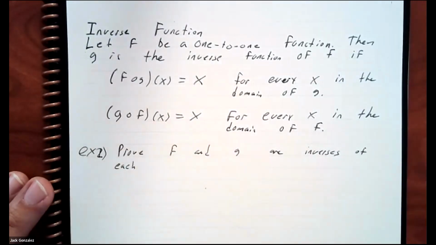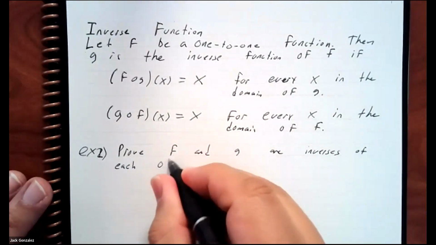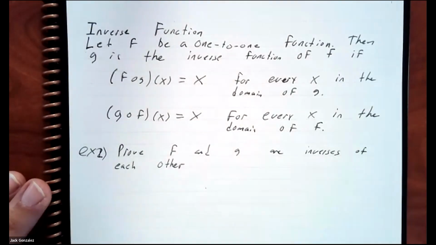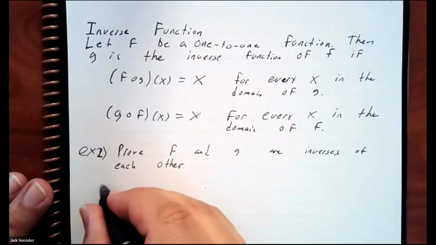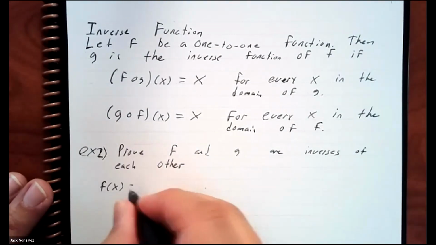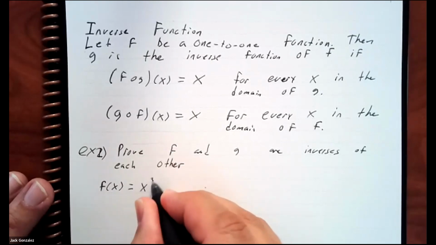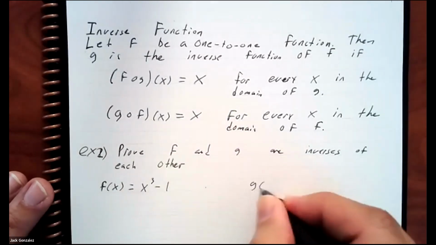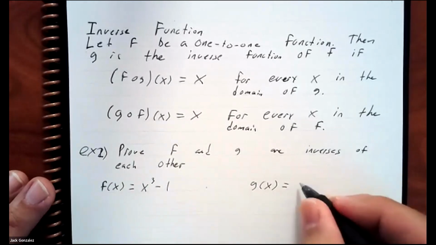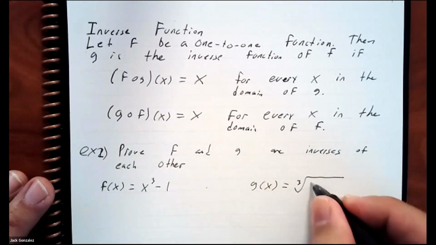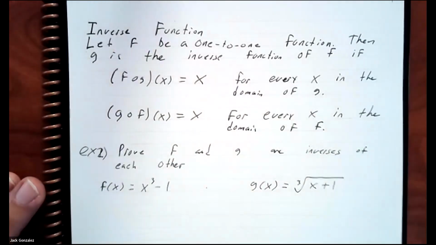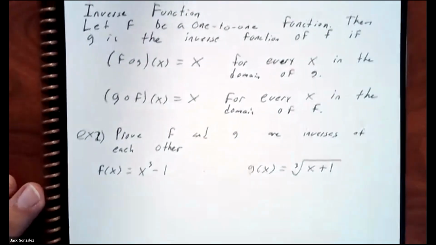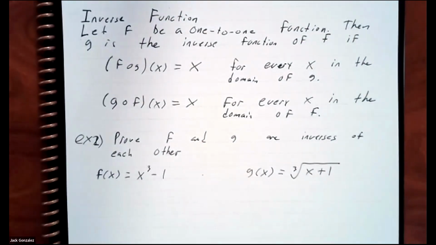All right, prove F and G are inverses of each other. You're going to compose them together and see if they cancel. That's it. So I'm 90% sure you'll have a test question like this.